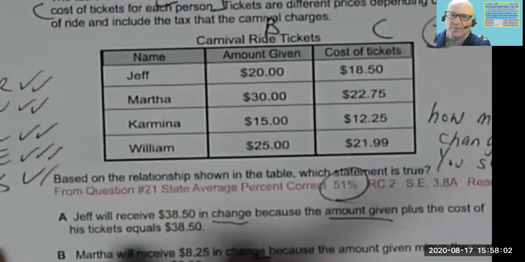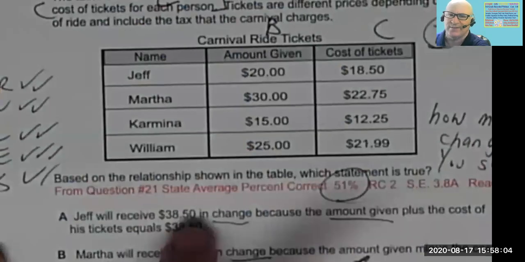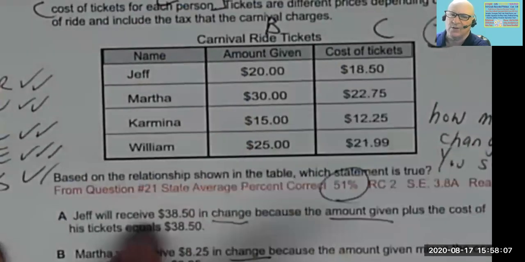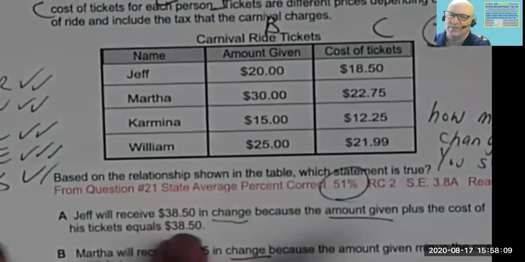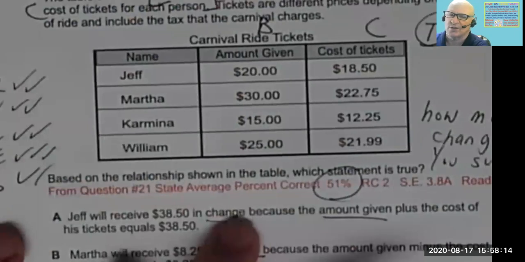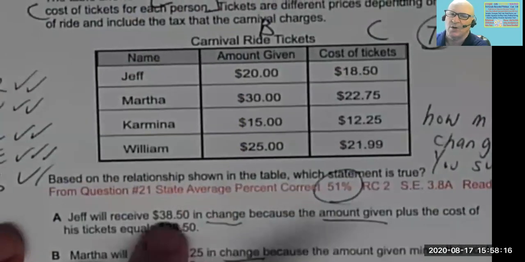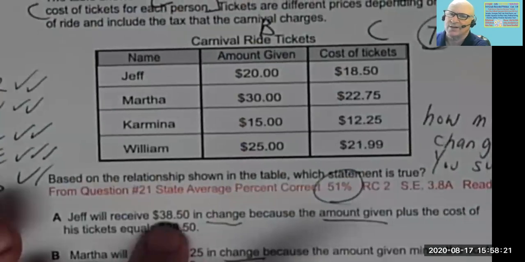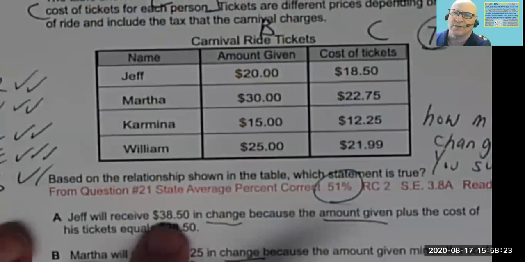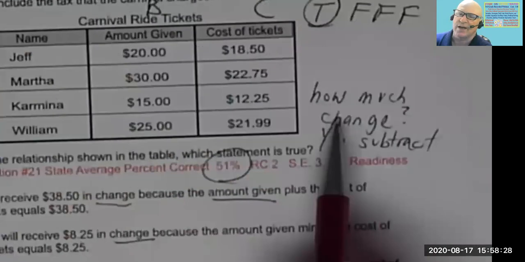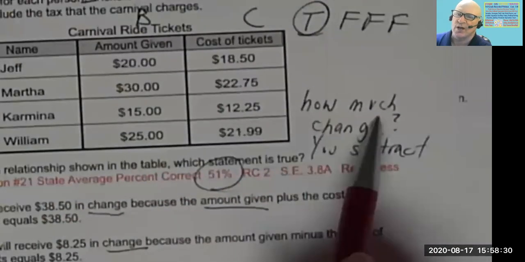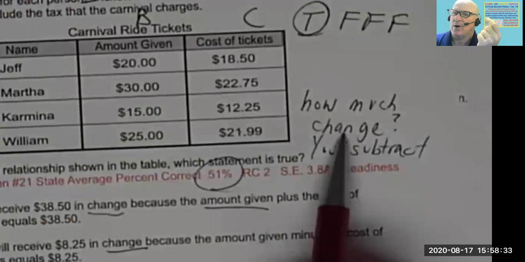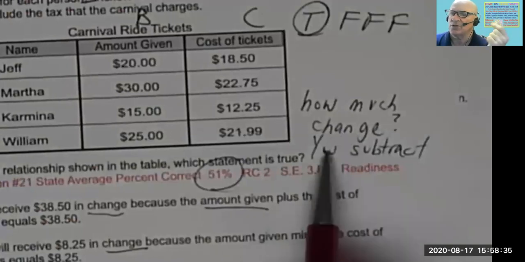$20 plus $18.50, the cost of his tickets, does equal $38.50, but the problem is this: his change is going to be less. You're not going to get more money in change than you paid somebody unless that person doesn't know how to add or subtract. And so think of this little chant: how much change, 3 syllables, how much change you subtract.